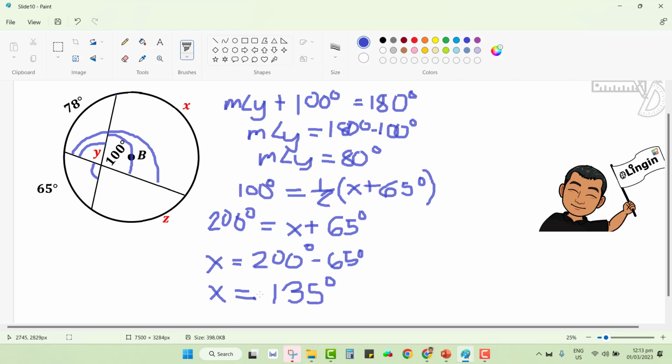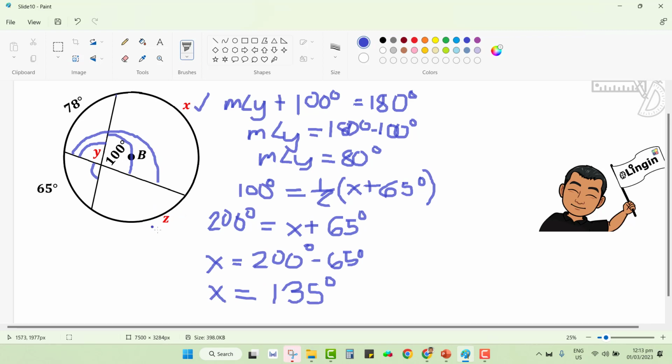If we consider again the definition of angles formed by chords, 65 degrees plus 135 degrees is 200 degrees, and half of it should be the measurement of this angle, and half of 200 is 100 degrees. This is the value of x.